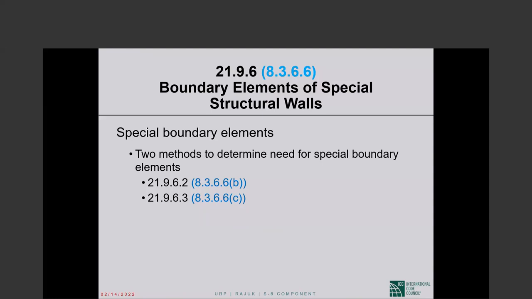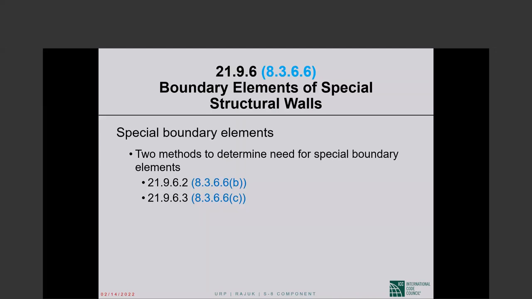The big question then became what is significant compression? How would you determine how much of the wall is in significant compression? And that's where UBC and 99 ACI differed. ACI 318/99 used calculated neutral axis depth as the trigger. In the UBC, we actually tried to compute that strain, and I wouldn't go back there.